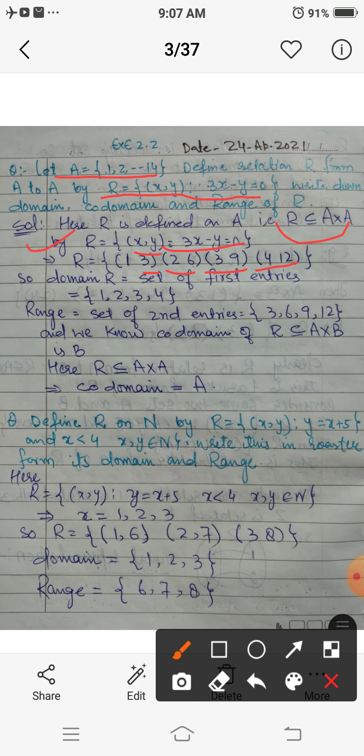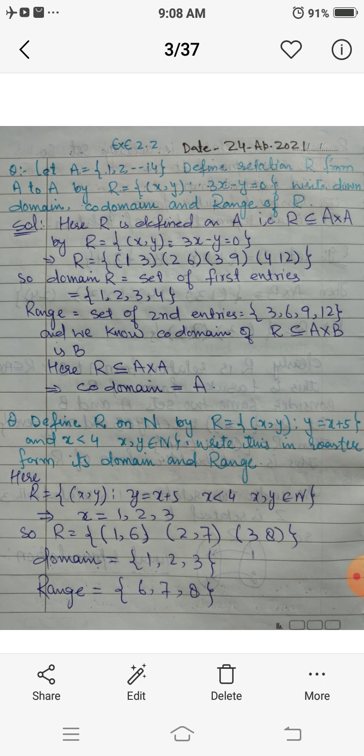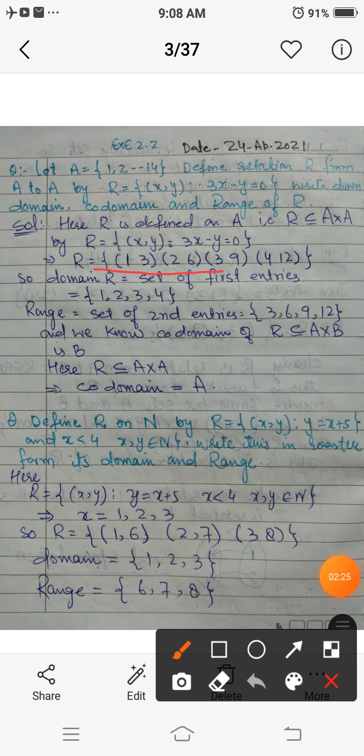Similarly, if we put x equals 5, y equals 15, but y equals 15 is not in A, so this means that we have to stop substituting the value of x. Hence, in tabular form, R equals 1 3, 2 6, 3 9, 4 12.